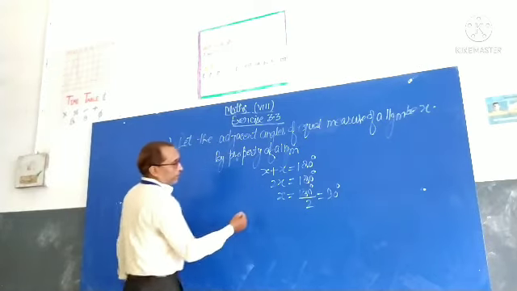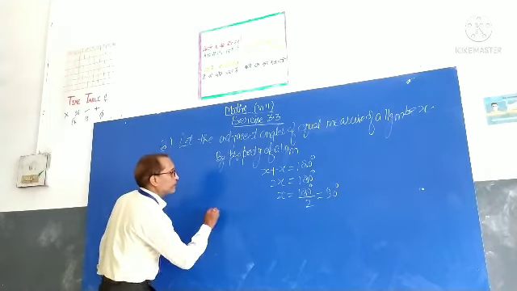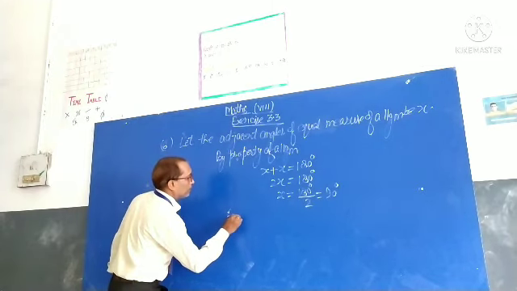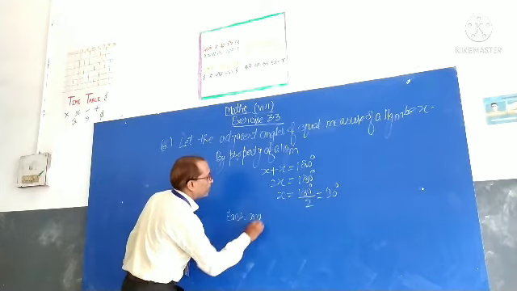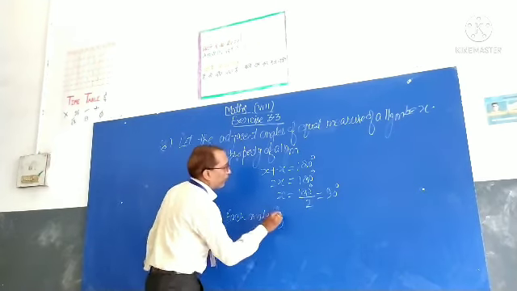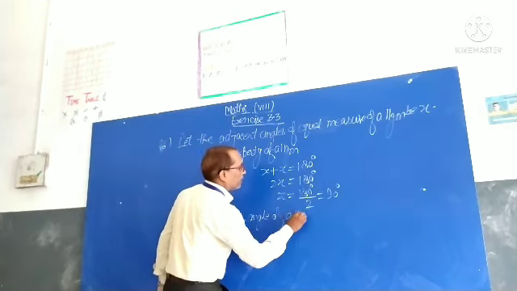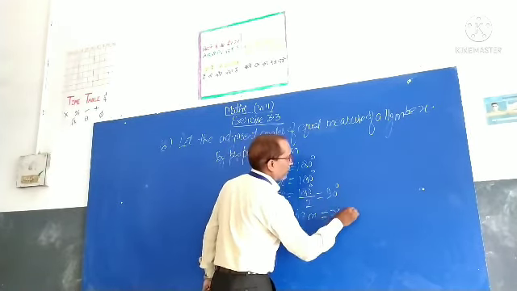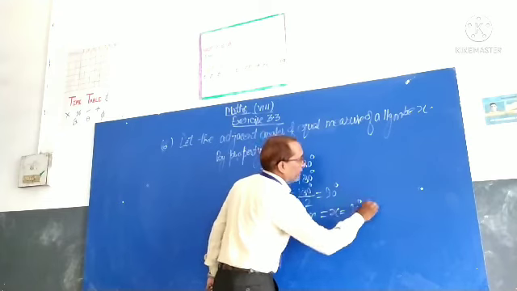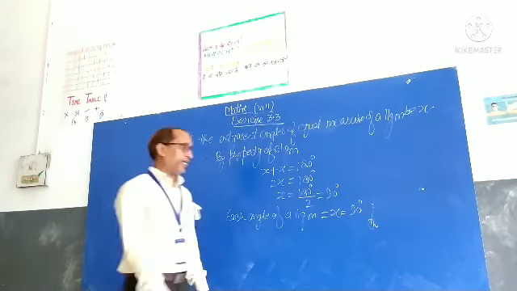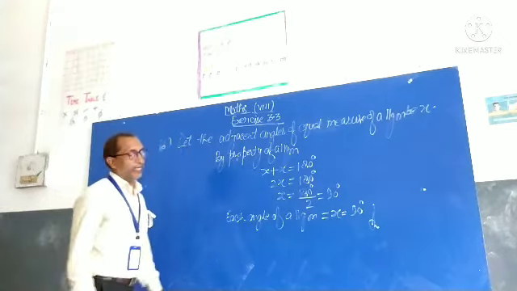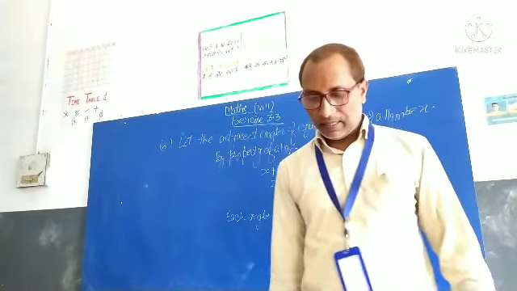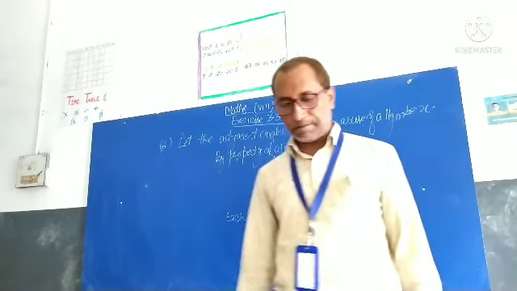Means the measurement of each angle of a parallelogram is equal to x, which is 90 degrees. Means each angle of the parallelogram is 90 degrees. It is your answer.